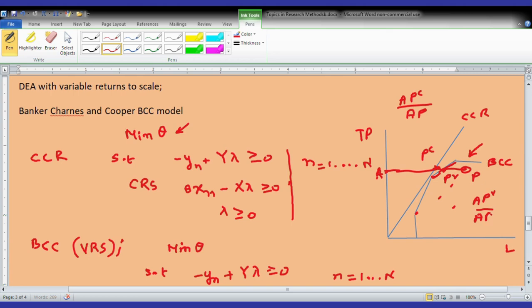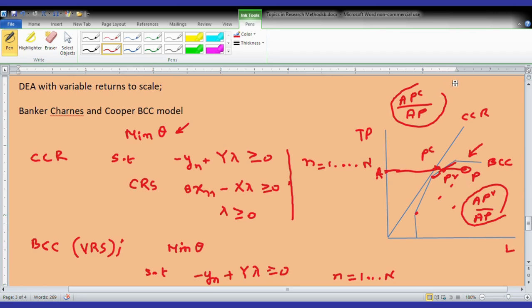And if you compare the CCR technical efficiency score with the BCC technical efficiency score, both have the same denominator, but the numerator of the BCC efficiency score is greater than the numerator of the CCR efficiency score. Then this means that the BCC efficiency score is greater than the CCR efficiency score.